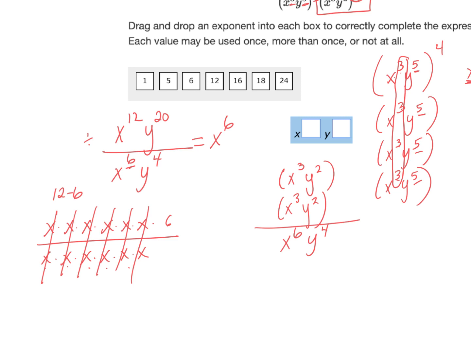I have 6 left after I cancel out the 6 in the numerator and the 6 in the denominator. So that's why we subtract the exponents. And then for y, it's going to be 20 minus 4, which gives me 16. So that would be the final answer for that question.